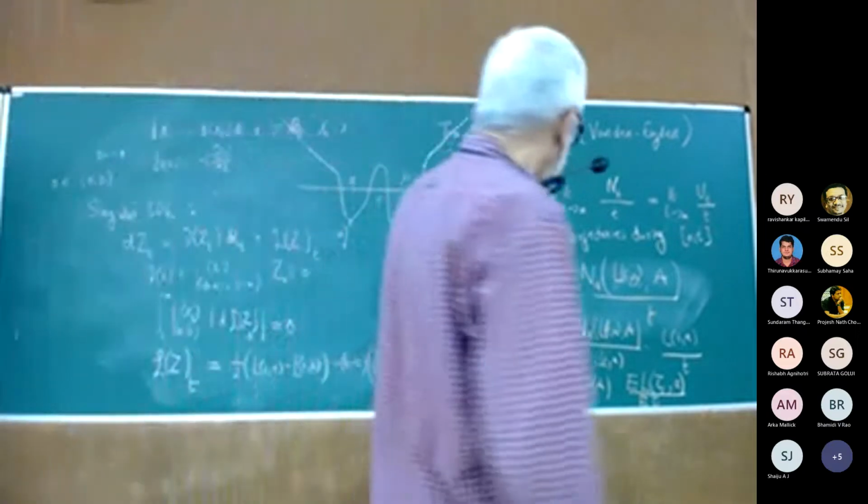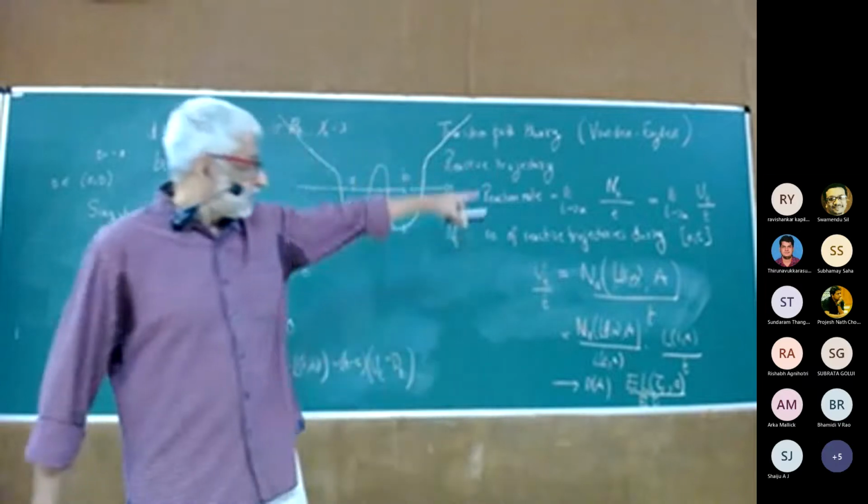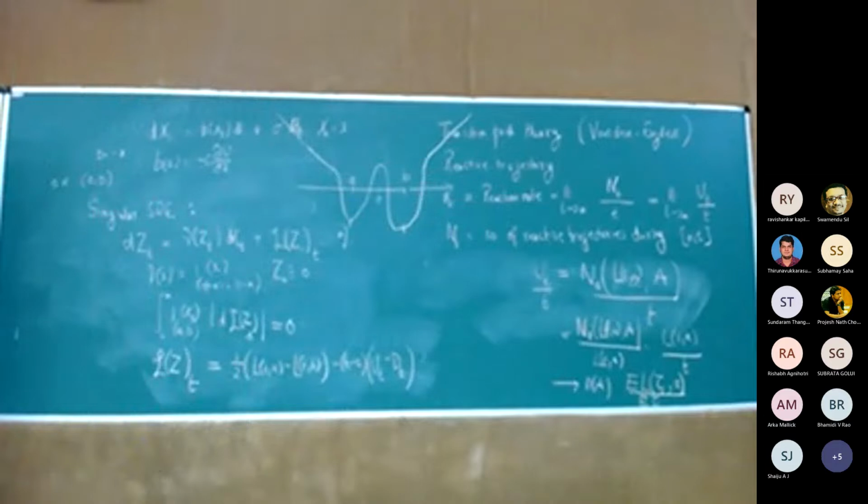There's another way of counting this number N_t by t, and that is using renewal theory. You can think of one cycle, going from A to B and coming back to A, as one renewal event.